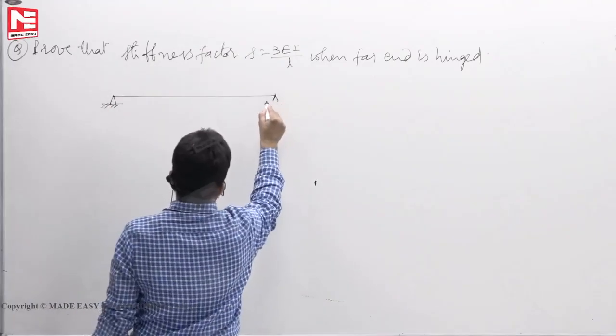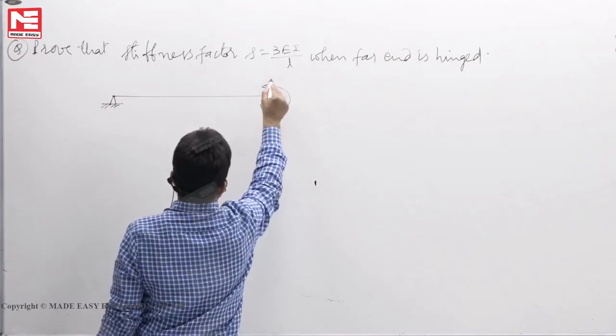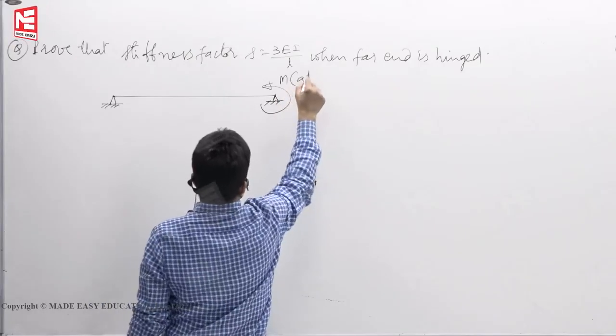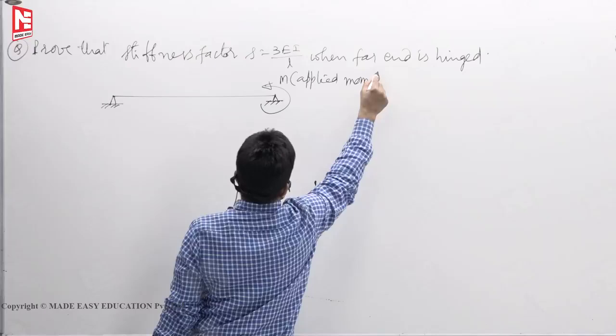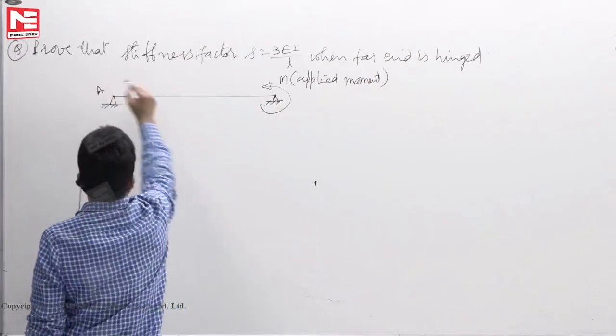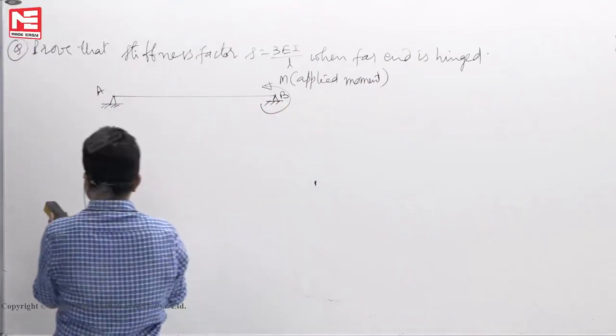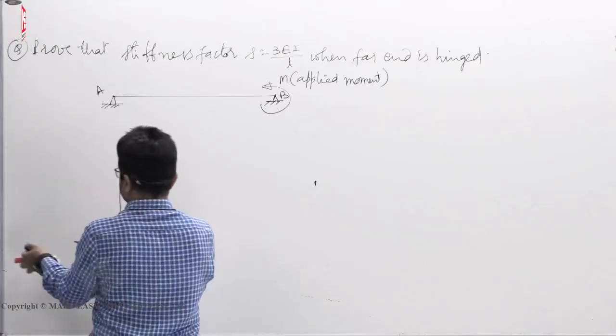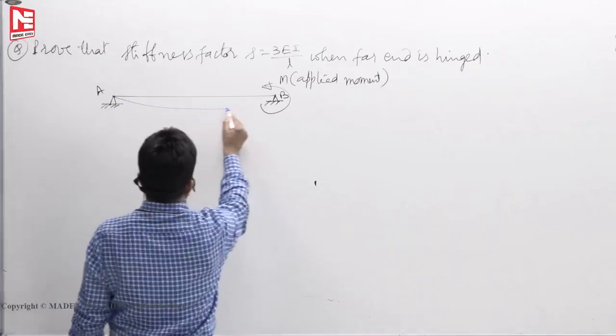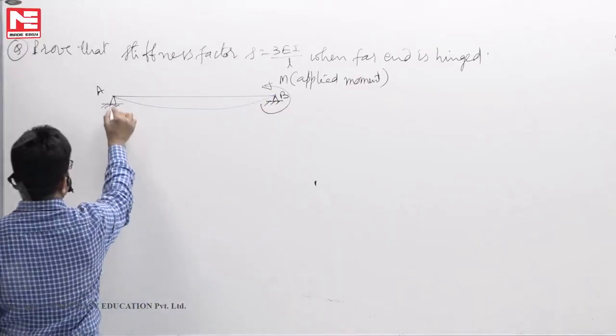I will just revise how you have to get it. This is your M, applied moment. How much you have to apply so that theta B becomes 1 is the aim. Like this it deflects.